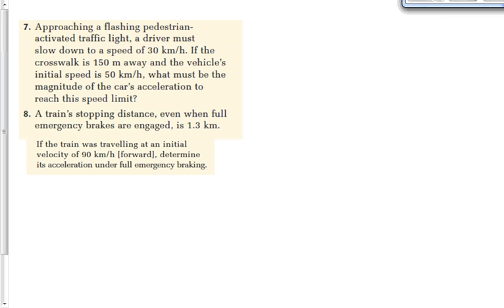Kilometers, right? Something else here, though. Yeah, kilometers per hour. Now, you could technically stick with kilometers and kilometers per hour there. We don't want to go there, though. You're going to get confused with the units if you try to go kilometers and kilometers per hour in an acceleration problem. Just go meters and seconds and meters per second.